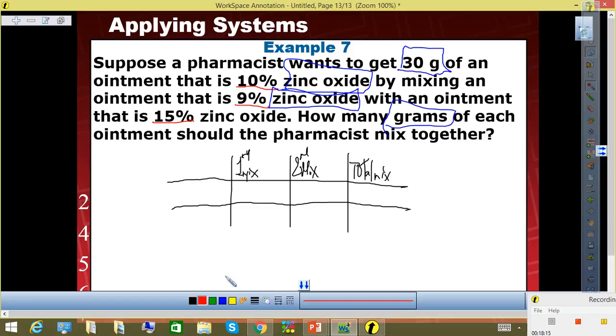All right. So the first mix, let me read it again. Suppose the pharmacist wants to get 30 grams of ointment that is 10% zinc oxide by mixing the ointment that is 9%, so 9% goes here, 15% goes here, and the total is 10%.